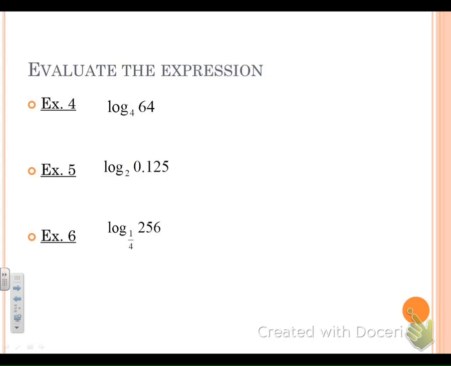Before we get there, let's actually say these are equal to x. We're going to set every single one of these equal to x. And we're going to ask ourselves, okay, let's rewrite it in the other form. 4 to what power equals 64? Because wait a second, we can take 4 times 4 times 4, get 64. So in this case, x is 3.